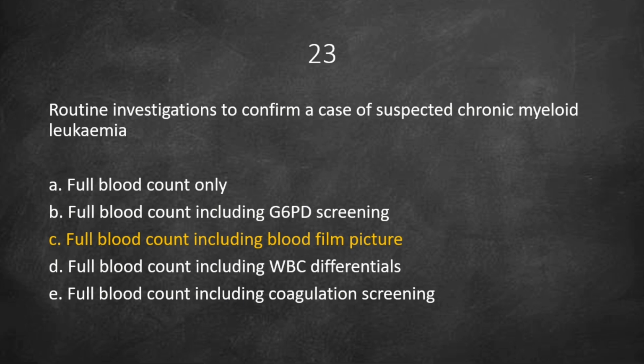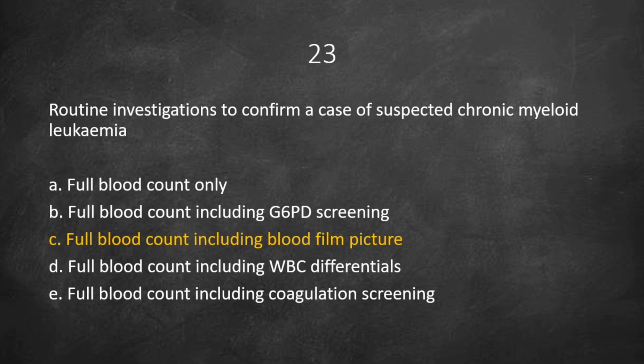Then option B, G6PD is not really useful here. Option C is our answer. Of course, the blood film is needed to provide critical information about the presence of granulocytes at various stages of maturation, and can also show the characteristic features of chronic myeloid leukemia, such as the increased basophils and then the eosinophils, what we just spoke about.